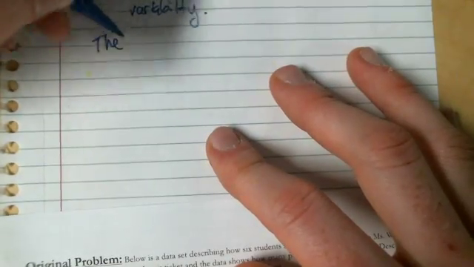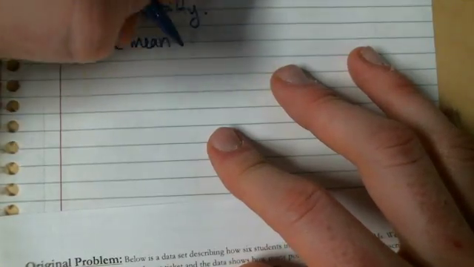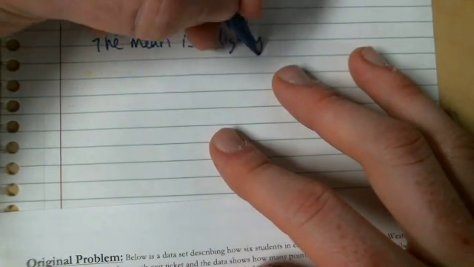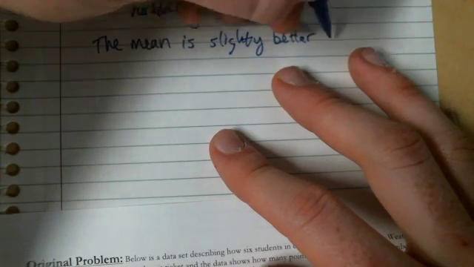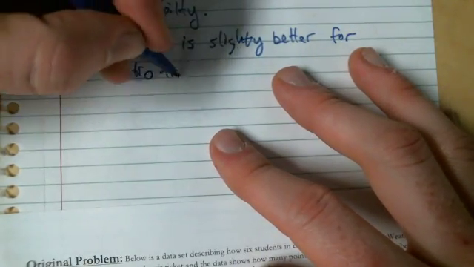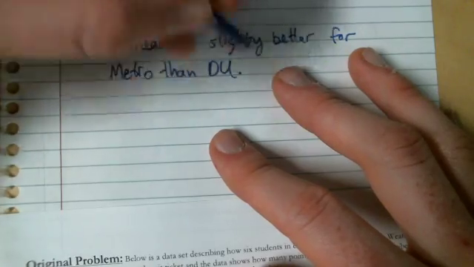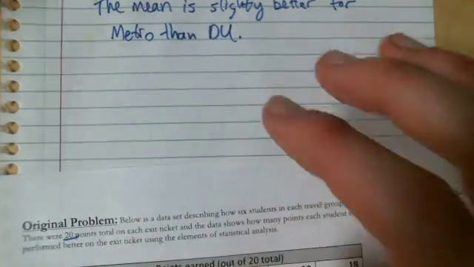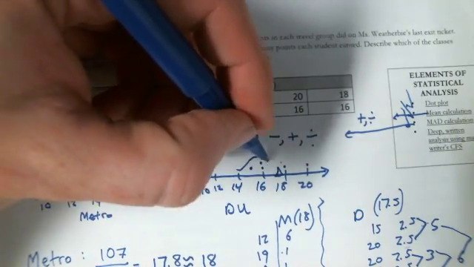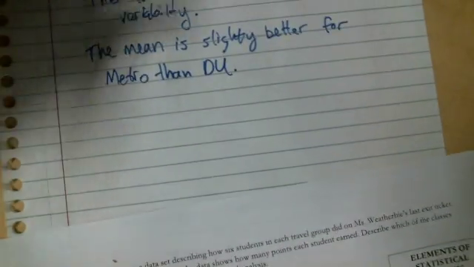So here I might say the mean is slightly better for Metro than DU. And if you think about it, that makes sense because look, it's skewed right and skewed left. So then I could maybe say that too.